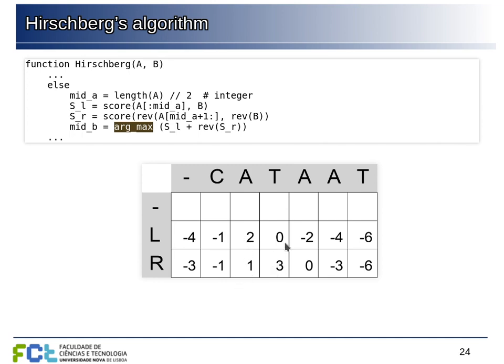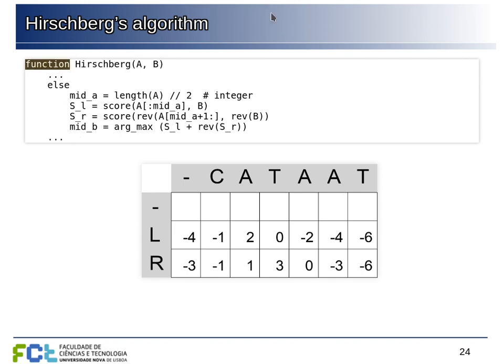So these add up to 3 and these add up to 3 too. So either of these points would be a good place to split the B sequence and give us two sub-alignments. So the left part of A with the left part of B, and the right part of A with the right part of B, so that they are still part of the optimal alignment of the complete sequence.